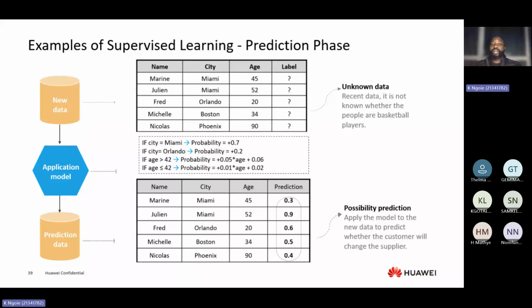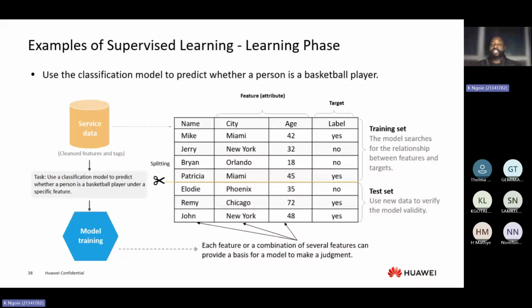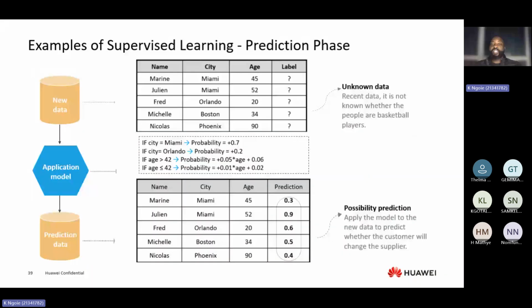Can anybody tell us why this type of learning is called supervised learning? Why, in this example, are we talking about supervised learning? Can anybody tell us why it is supervised learning?